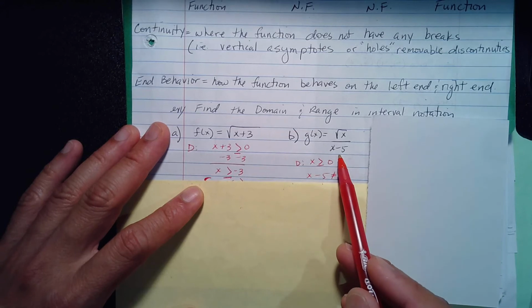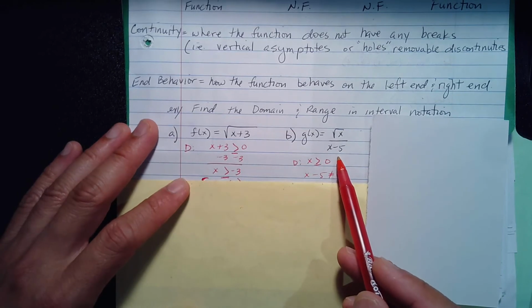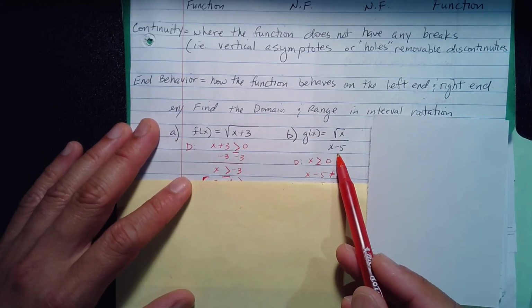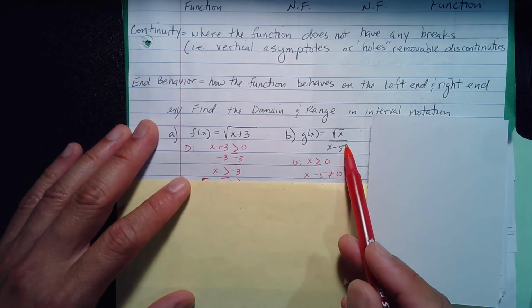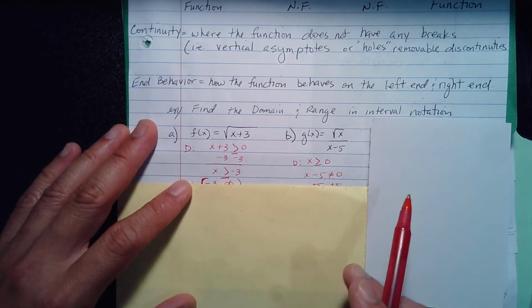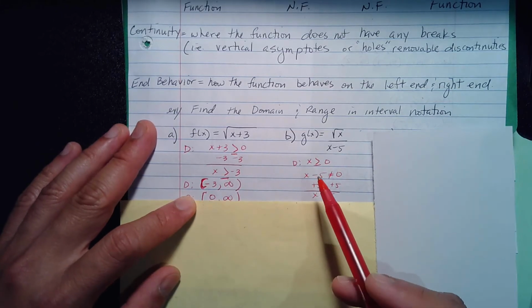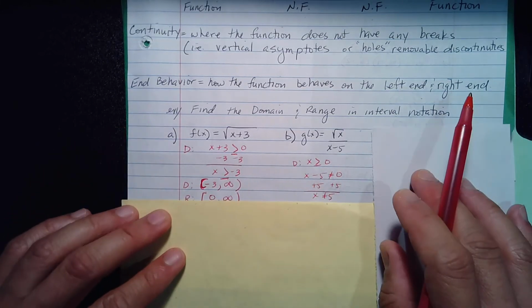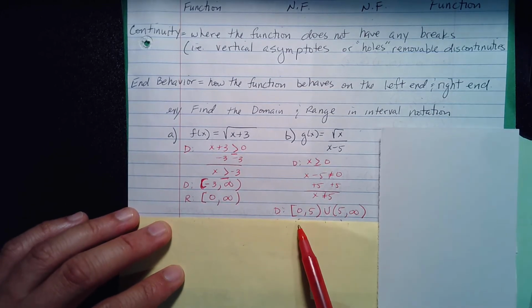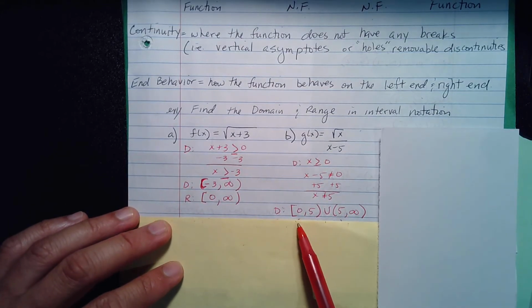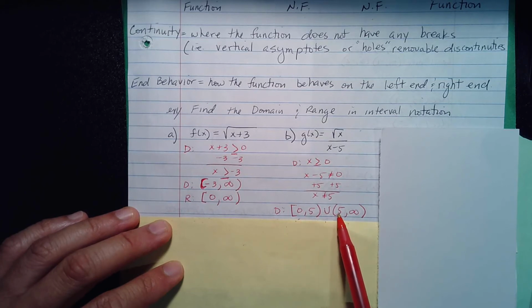And we know the denominator cannot equal 0 because if the denominator equaled 0, we'd have undefined. So we take this denominator not equal to 0. So x cannot equal 5, and x has to be greater than or equal to 0. So now to write the domain in interval notation, it's from 0 to 5, union with 5 to infinity.